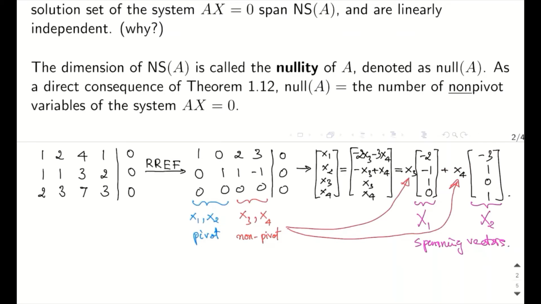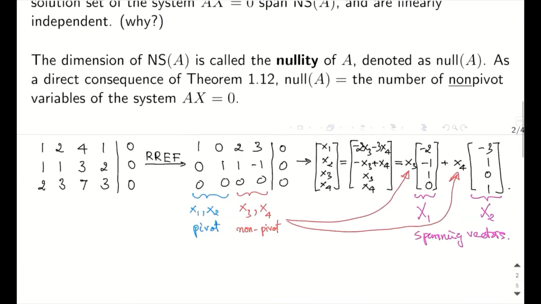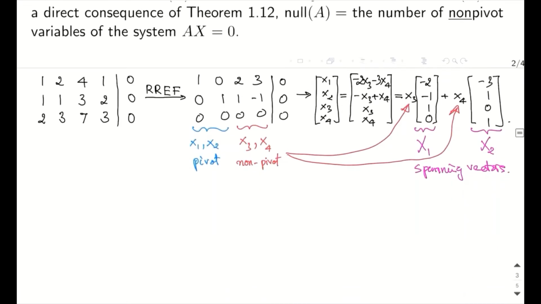All right, pay attention onto the structure of this example because it's going to pave the road to the proof of the next theorem that we are going to discuss. All right, so this means that the solution set, in other words, the null space, is going to be just the span of the vector x1 and the vector capital X2.